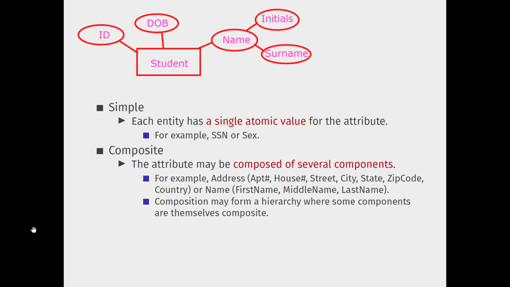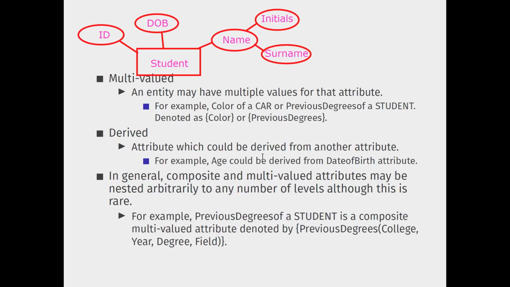Right. Any questions? Next, sometimes these entities have multi-valued attributes. Multi-valued means you can have more than one value. Take, for example, the color of a car.